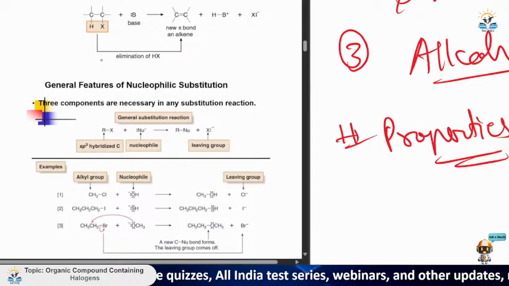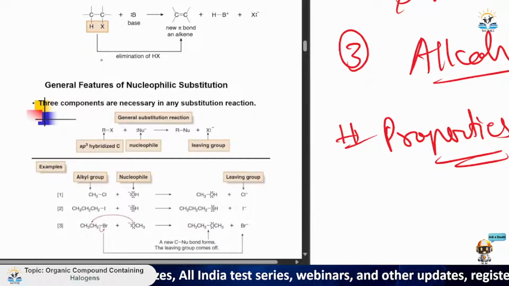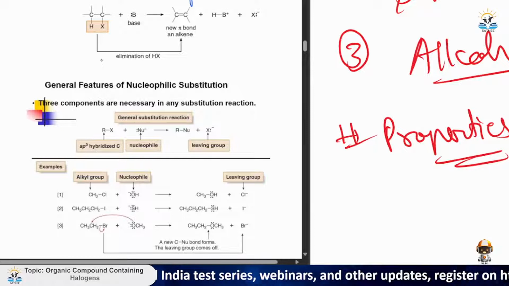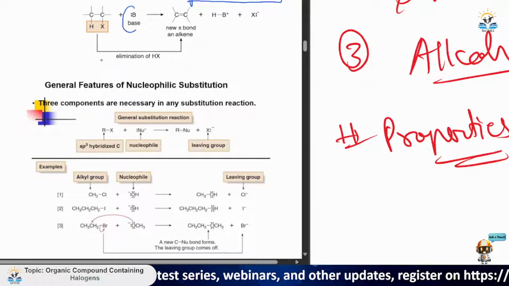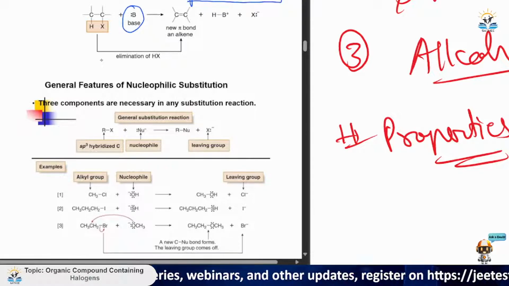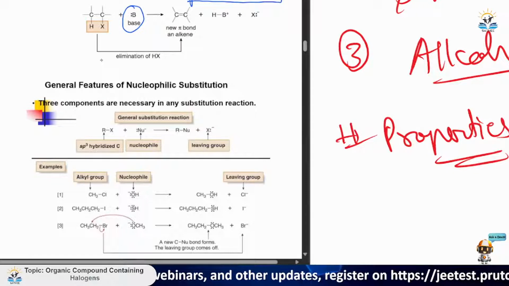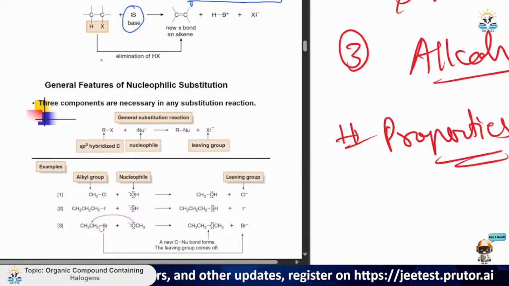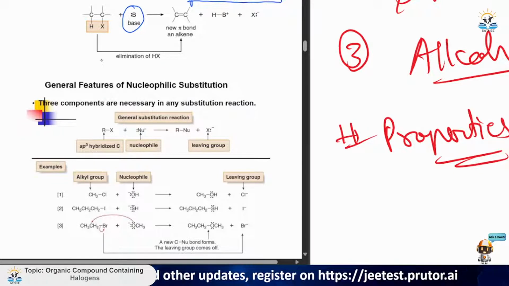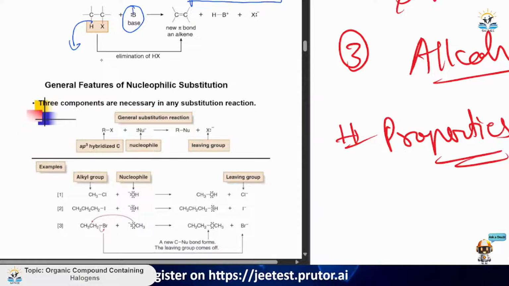Now, alkyl halides also undergo elimination reaction with Bronsted-Lowry bases. Like if we have a given base, and we have connected H and X, now there will be elimination here. How will the elimination occur? See, this hydrogen will come here, and this base will be connected with this hydrogen. Due to that, the double bond will come here and X will leave.